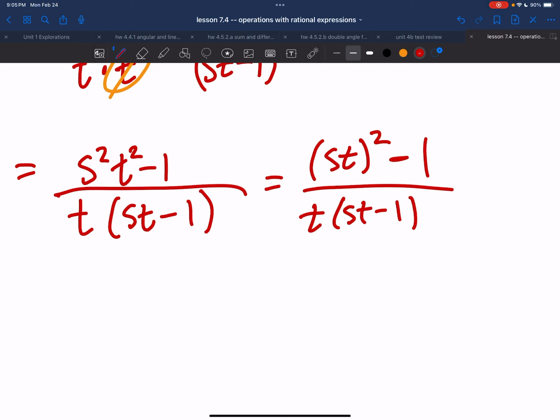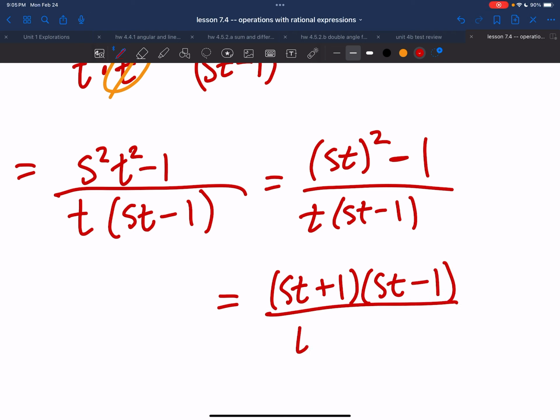And the thing is, st squared minus 1, where 1 is itself a perfect square. Oh my goodness, that's a difference of squares, right? This factors as st plus 1 times st minus 1, and then this is over t times st minus 1.